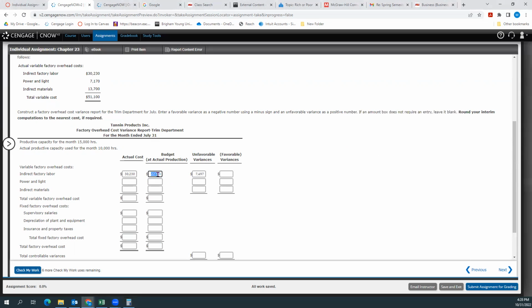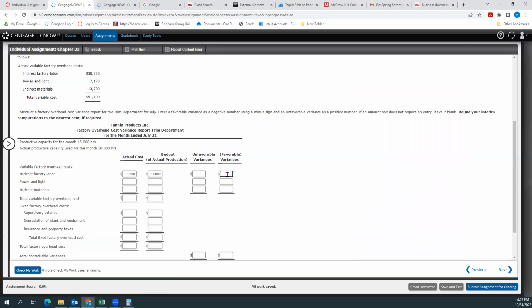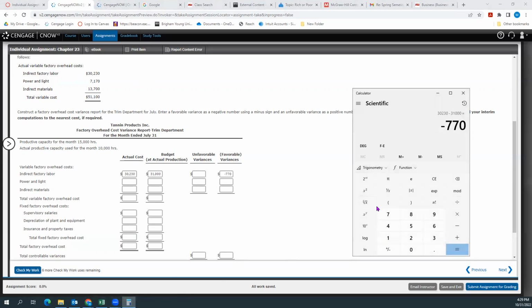Now we see our budget at actual production is 31,000. So our actual cost of 30,230 minus our budgeted 31,000 is going to give us negative 770, or a favorable variance of 770. So hopefully I didn't confuse you too bad with my error. Sometimes the errors help you learn, right?